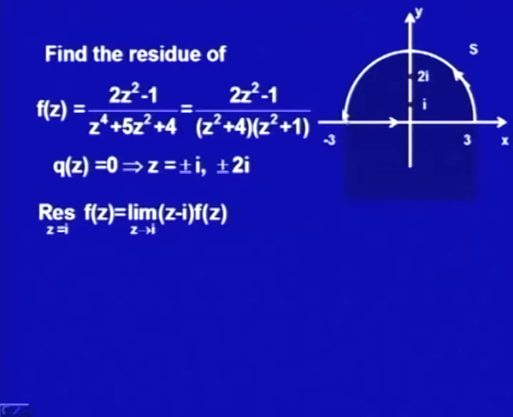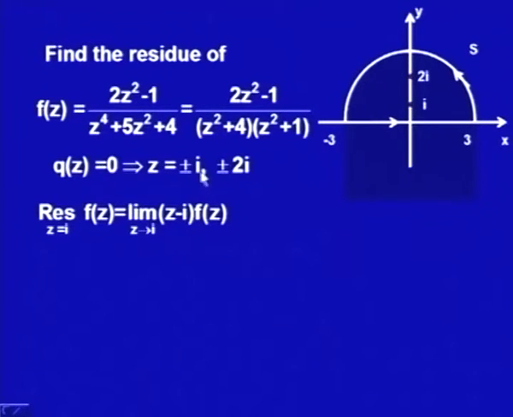This is just to show that if the function is of the form p(z) upon q(z), where p and q are polynomials, then it would have a finite number of isolated singularities, and all those poles would lie interior to the semicircle bounded by the real line.